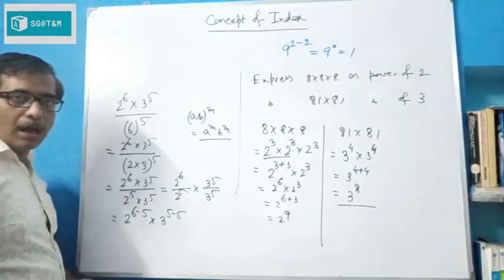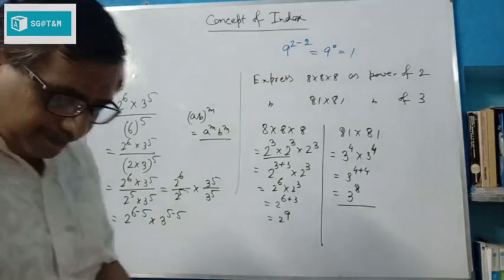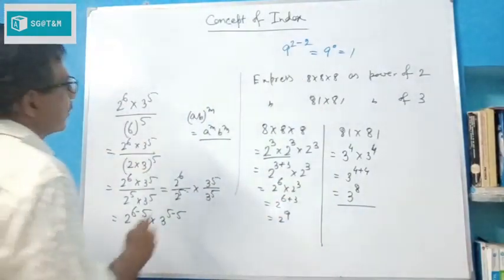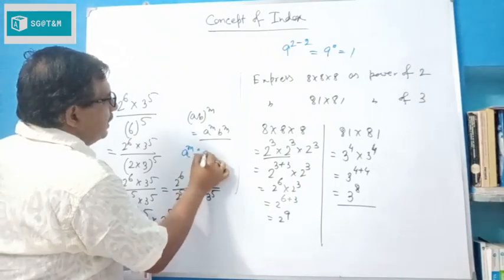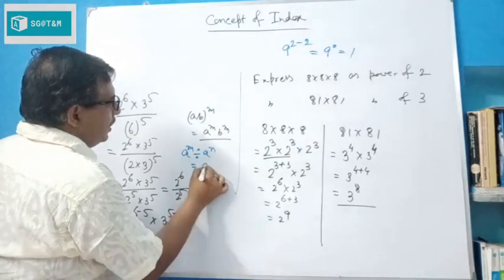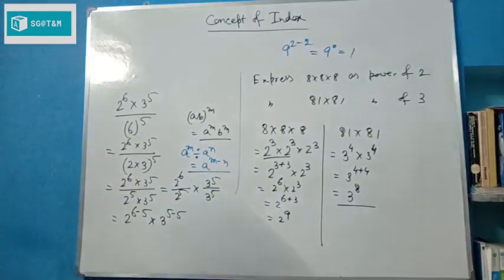From which formula? I write here again, a to the power m divided by a to the power n, that is equals to a to the power m minus n.